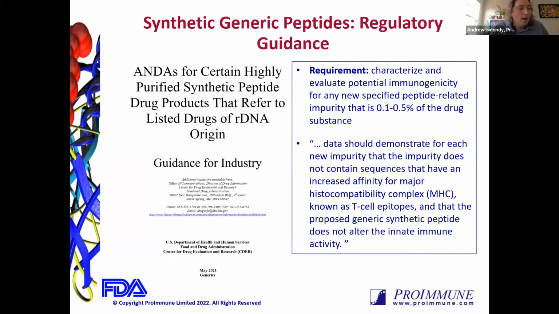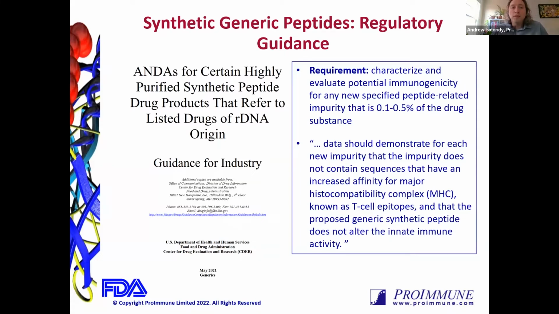This ANDA pathway provides exactly that. It's a regulatory approval pathway that relies on the kind of in vitro evidence I just went over on my previous slide, and allows you to build a picture of what potential risks your generic peptide might have.